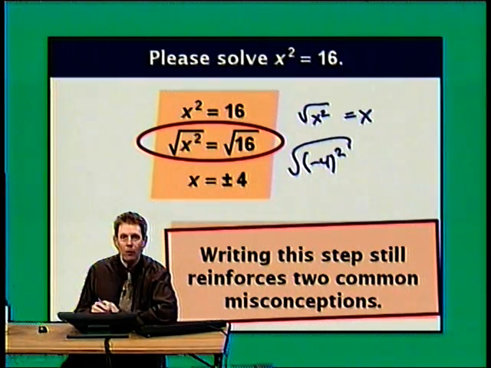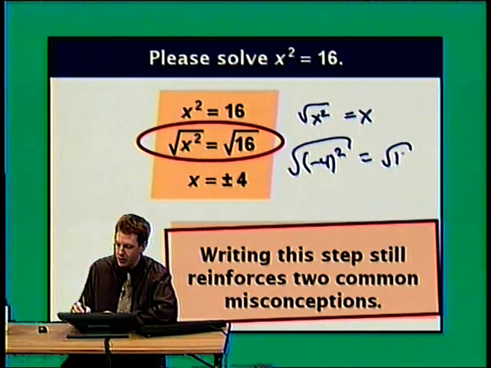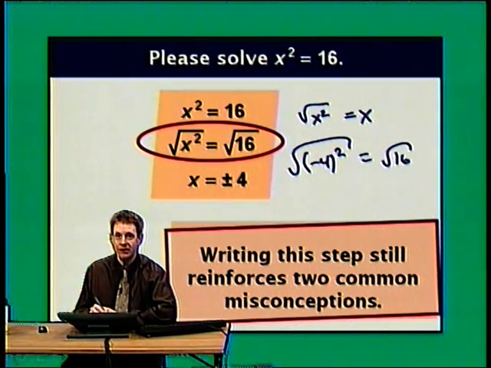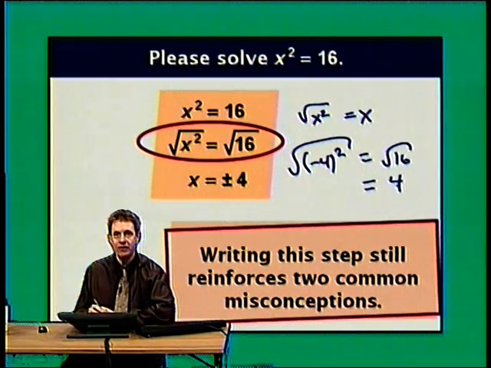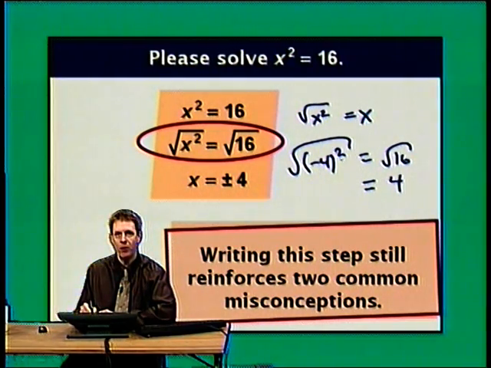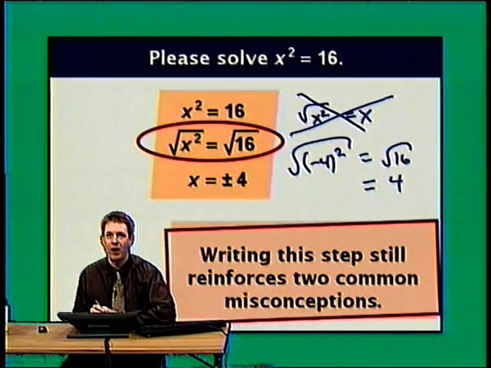Consequently, the square root of negative 4 squared is the square root of 16, and we just discussed the fact that the square root of 16 by definition is positive 4. So check it out. Here we have the square root of negative 4 squared, and that's equal to positive 4. So this definitely is not a true statement that the square root of x squared equals x.